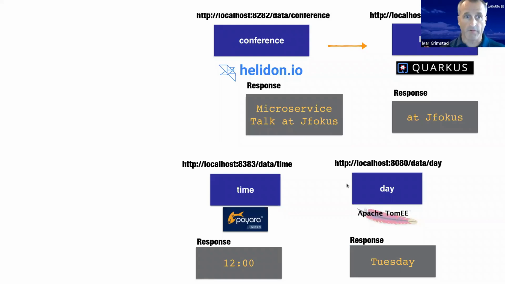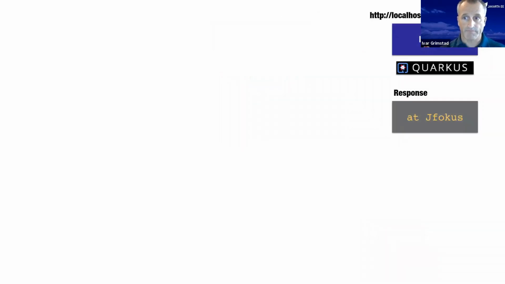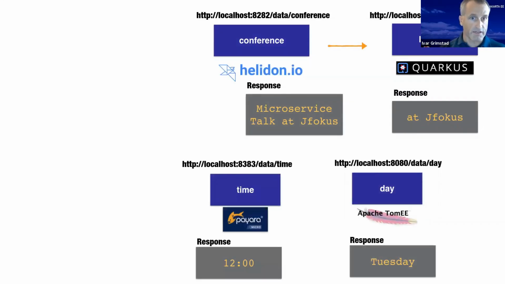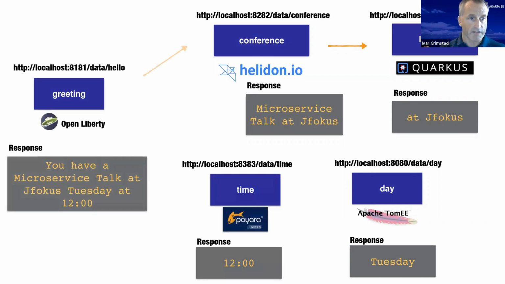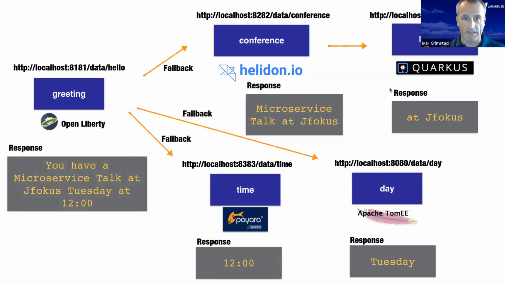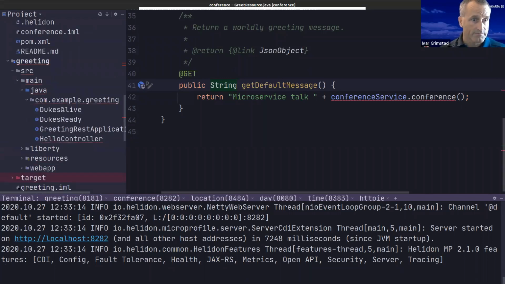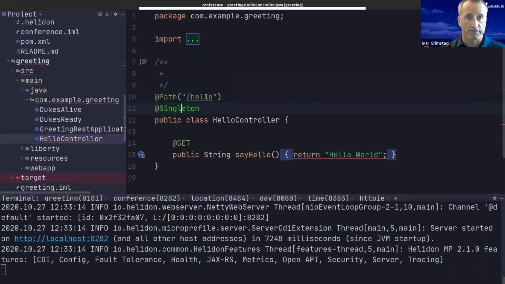And then we want to use the greeting service to call these three other services, and get it rippled through. So we'll fix the greeting service to call these services. So I'm going back to the greeting service in the hello controller.